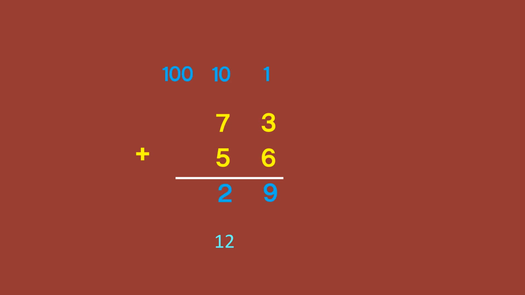Therefore, only 2 remains. We have to give a bundle of 10 to hundreds place and it becomes only 1 in hundreds place. So there's only 1 under hundreds place. So we have to mention that. Therefore, 73 plus 56 is equal to 129.